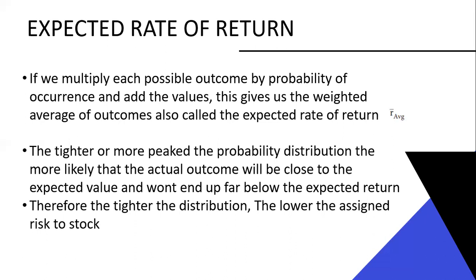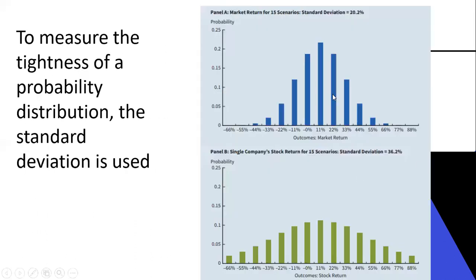Therefore, the tighter the distribution, the lower the assigned risk to a stock. So just imagine these are two situations. Just for the sake of an example, let's say these are grades. Let's say this is the grades in one class and these are the grades in the other class. And somebody asks you, which class would you rather be in?